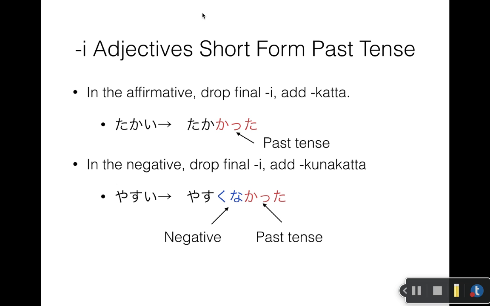And in the negative, you drop the final i from the nai and add kunakatta. So yasui, yasuku nakatta. The ku and the na are indicators of a negative, and the katta is an indicator of past tense.